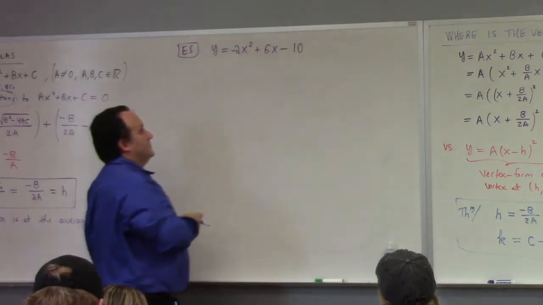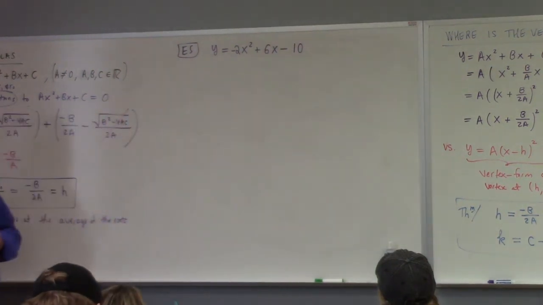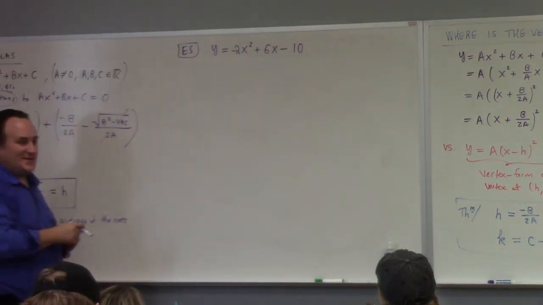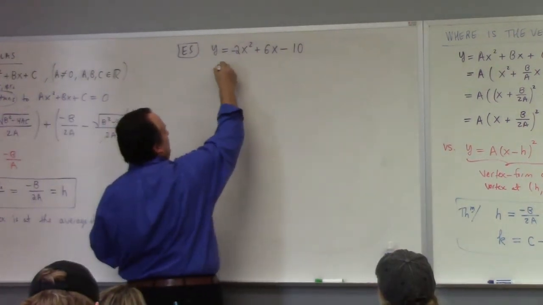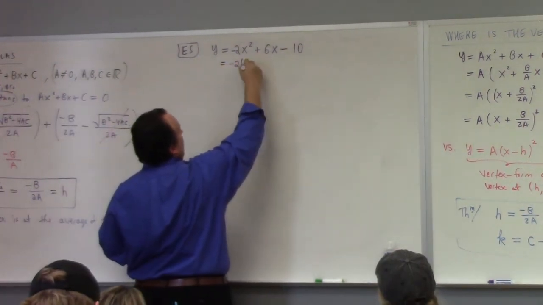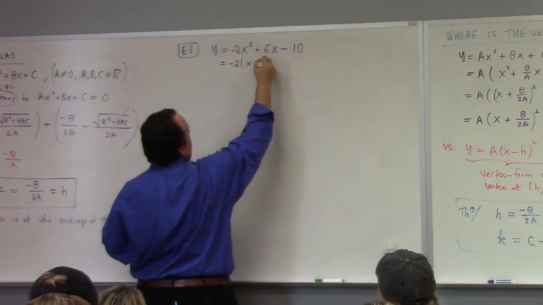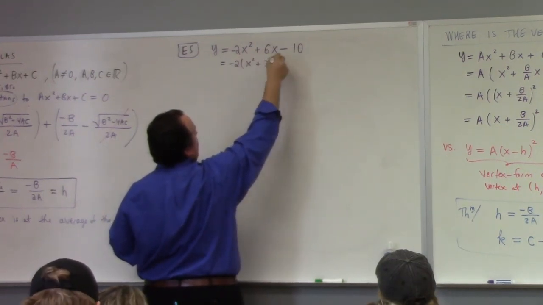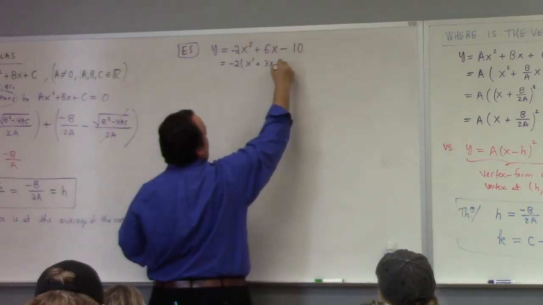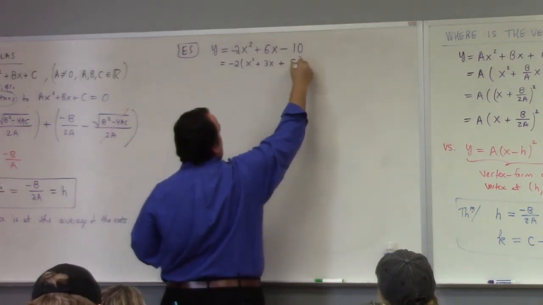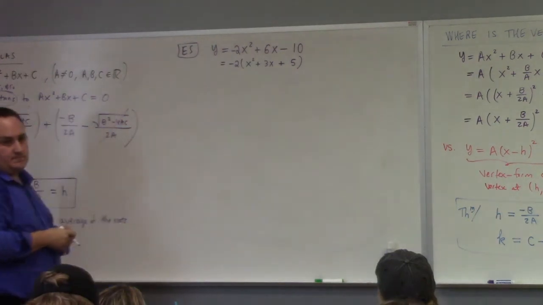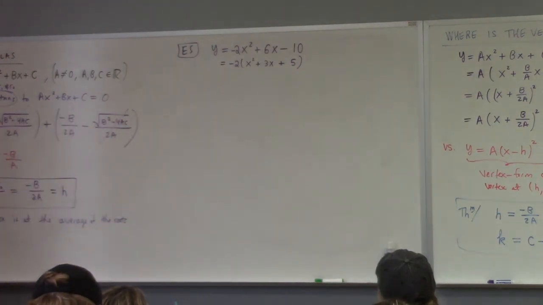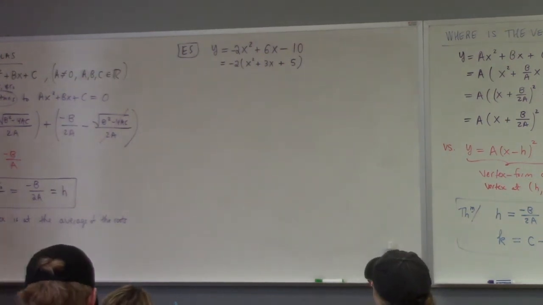Reserve the right to make that number bigger or smaller on the end, okay? So here we go. We factor out the minus 2. We've got x squared plus 3x, plus 5, right? Oh man, this one's going to have fractions. I guess that's good for us. We should deal with fractions from time to time, right?